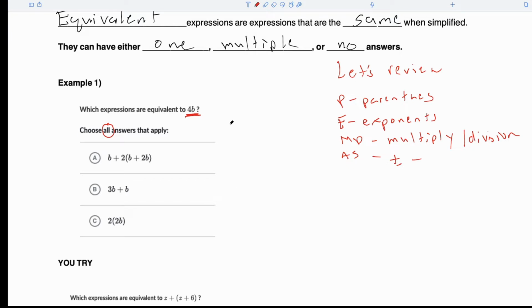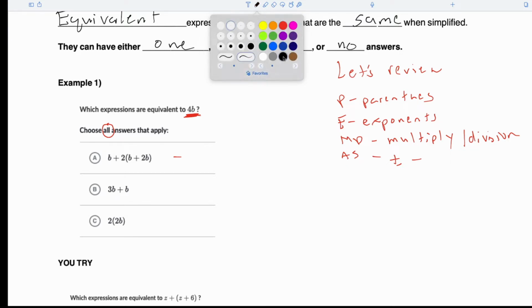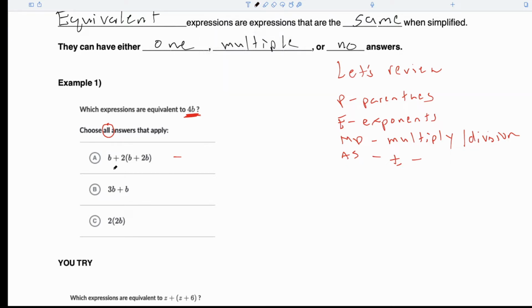Back to example 1. Which expressions are equal to 4b? 4b is as simple as it gets, so we're going to leave that as 4b. We need to go to A and start simplifying this one. A has a lot going on, and I see some parentheses. Can I simplify these parentheses?